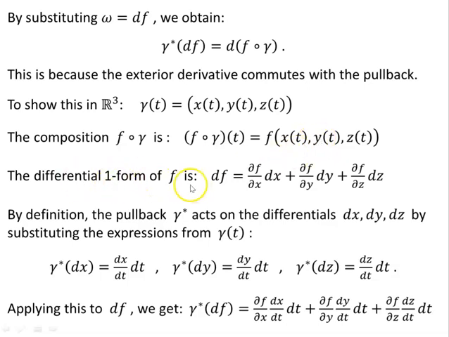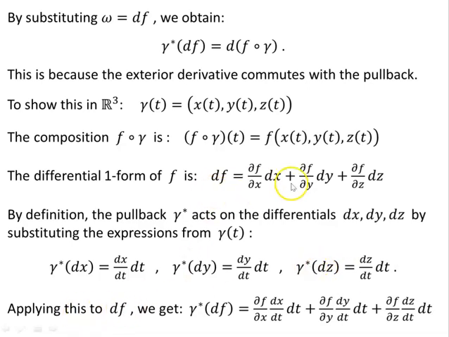The differential one form of f is df: partial f partial x dx plus partial f partial y dy plus partial f partial z dz. By definition of pullback, gamma star acts on the differentials dx, dy, dz by substituting the expressions from gamma of t. So the pullback of dx under gamma is dx dt times dt. Same for the pullback of dy under gamma, and same for the pullback of dz under gamma, dz dt dt.